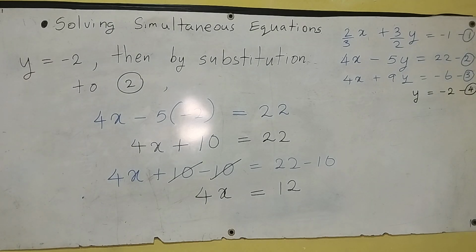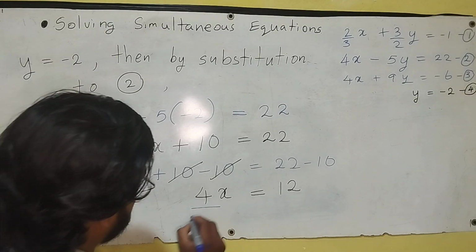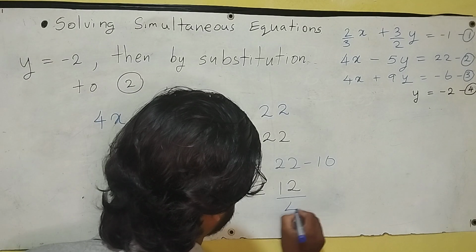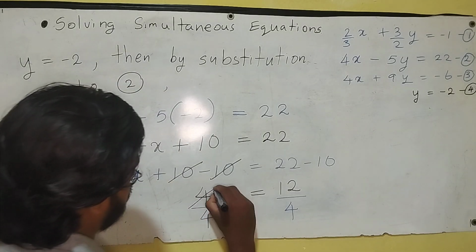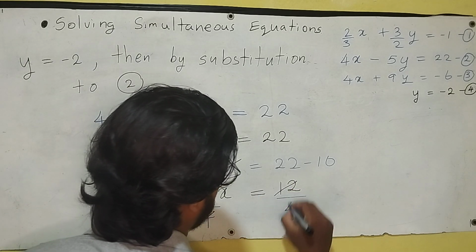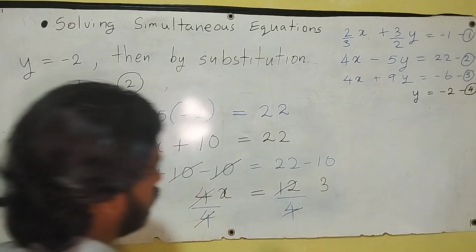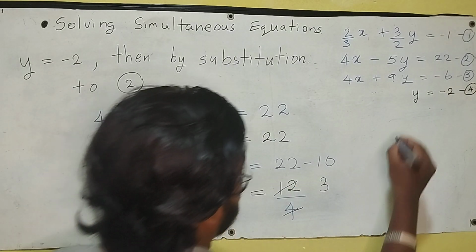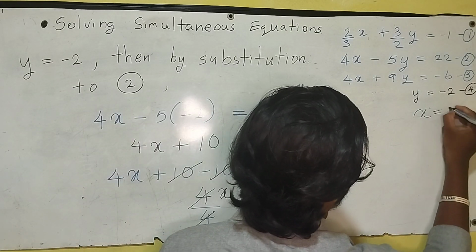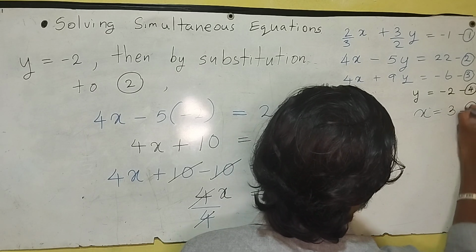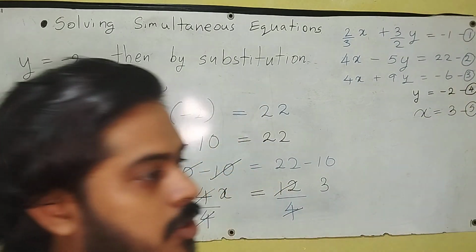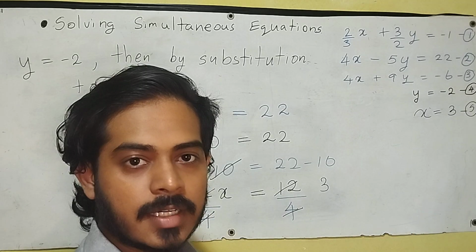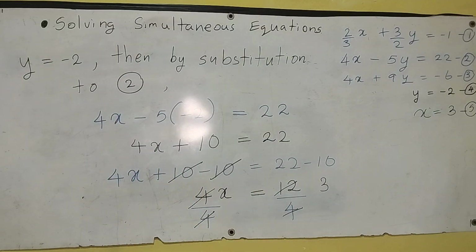Now we can divide both sides by 4. Very easy. We can cut off. It is equal to 3. Now x is equal to 3. It is the fifth equation. We can write it like this: y is equal to minus 2, x equal to 3.